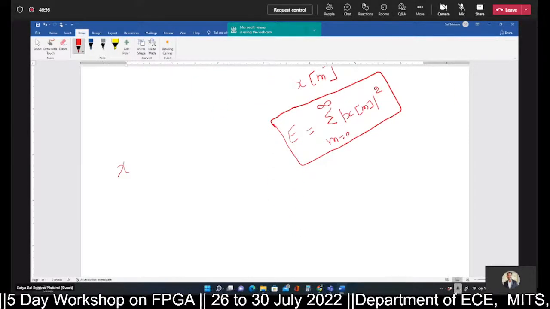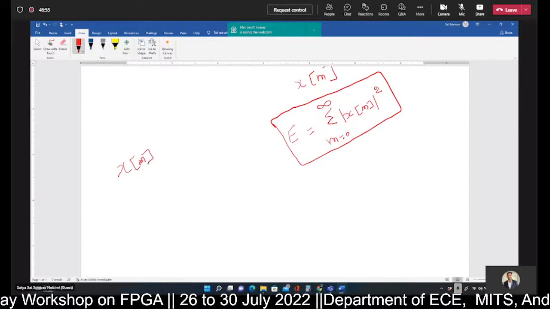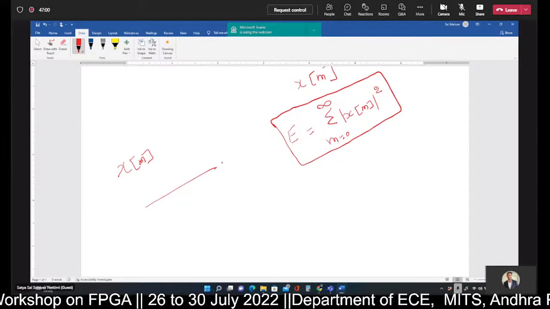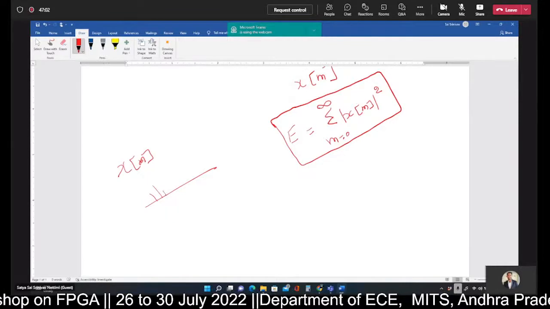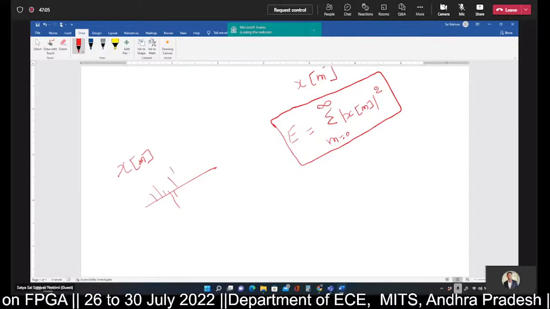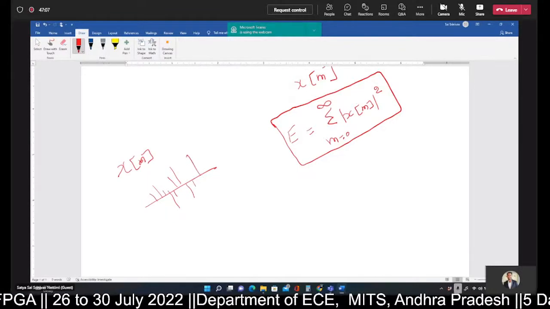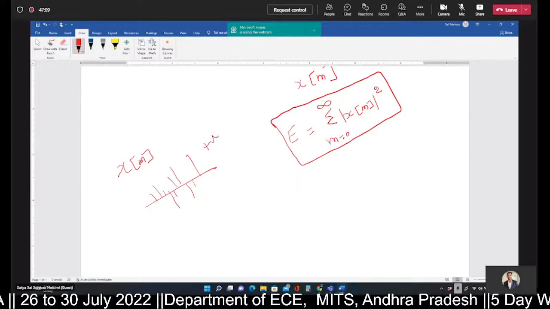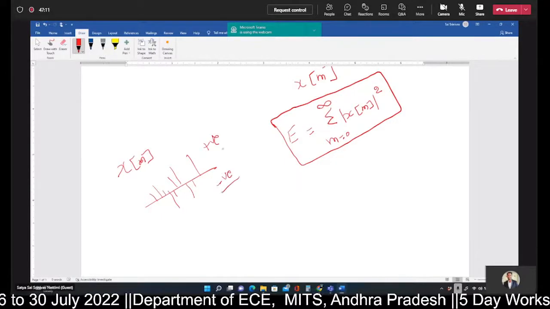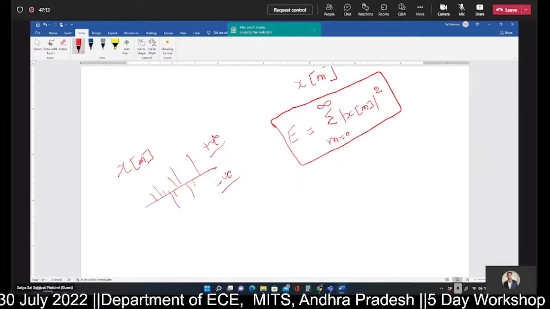So what is x of m? I told you earlier, right? We will be having discrete samples, and these samples have positive and negative values.